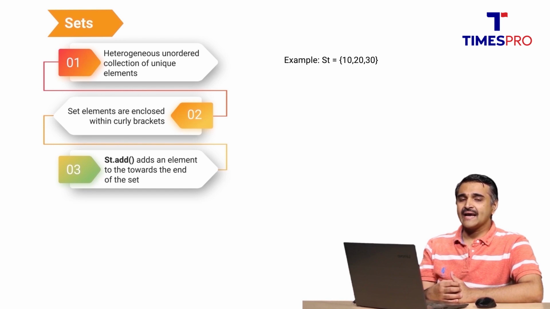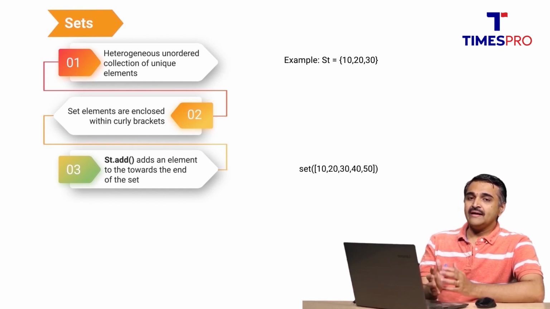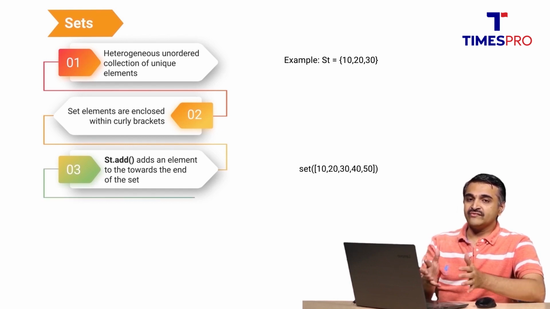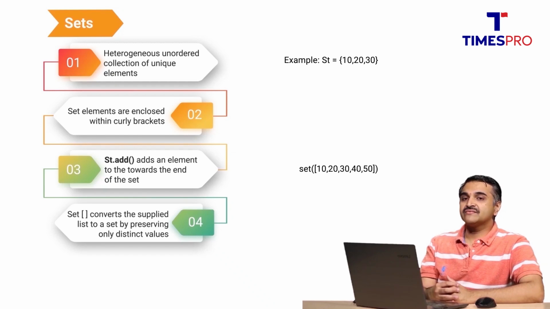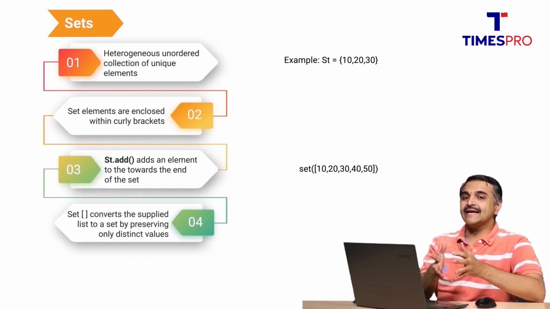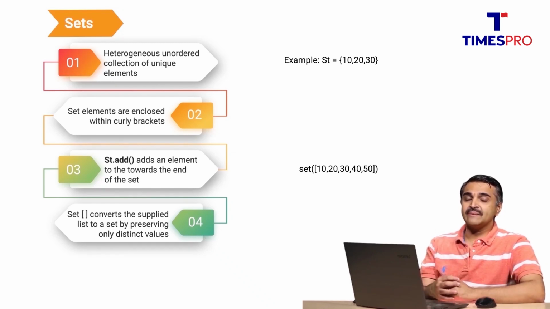The element is added only if it is not already present in the set. set([10, 20, 30, 40, 50]): this code, where we have supplied a list to the set method, converts the supplied list to a set by preserving only distinct values.